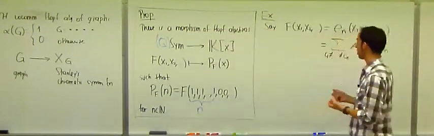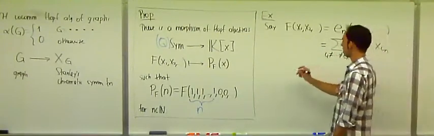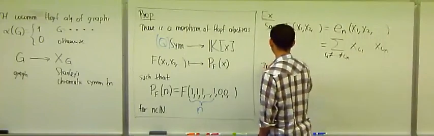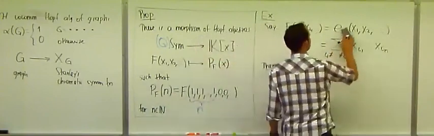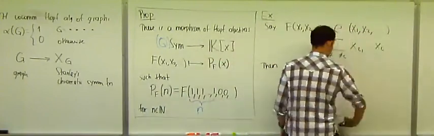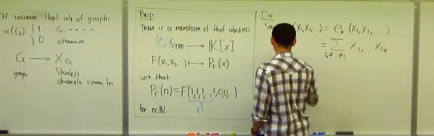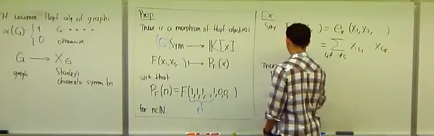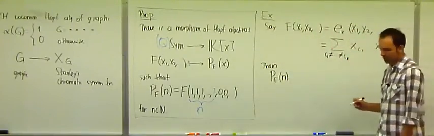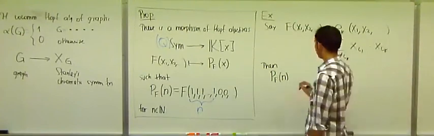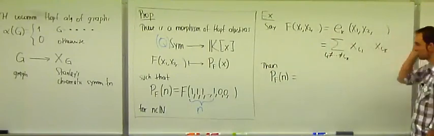So let's go ahead and try to plug in. Actually, since I used n here, let me use k here. And let's figure out what pf of n is. So pf of n, what I get is this. I'm supposed to take this expression and plug in first n variables equal to 1 and the rest to 0.